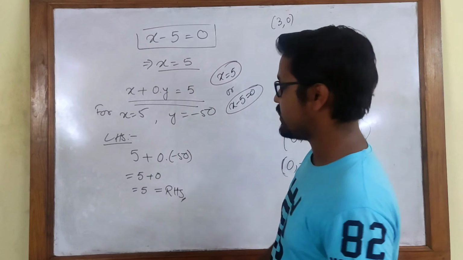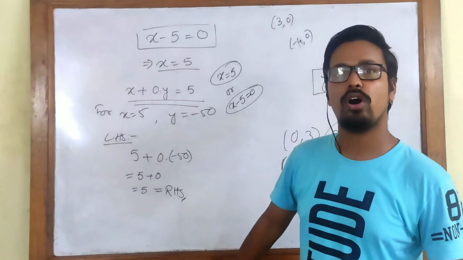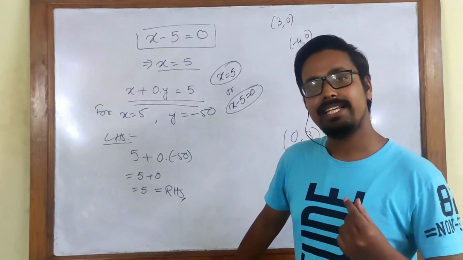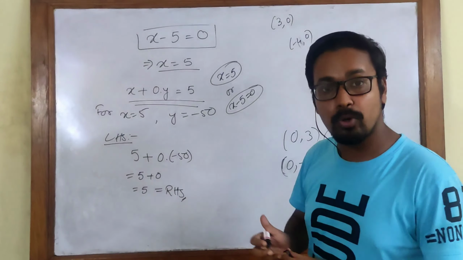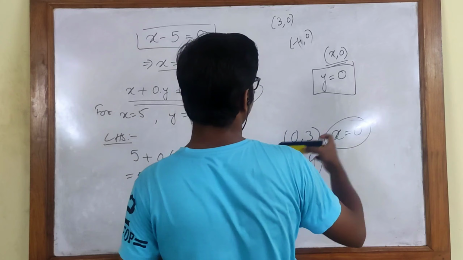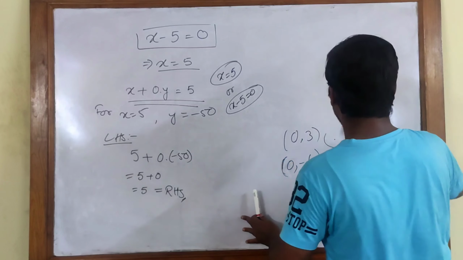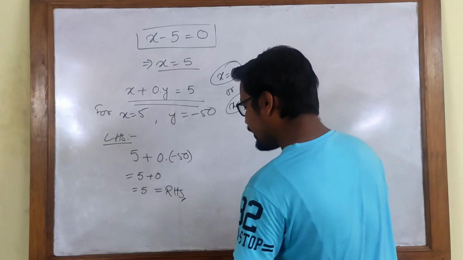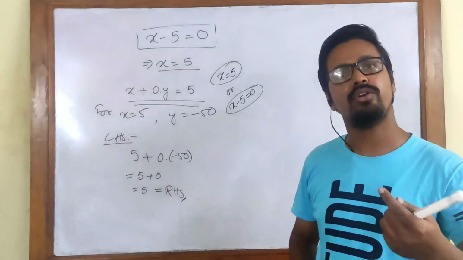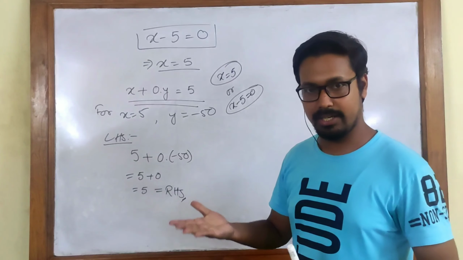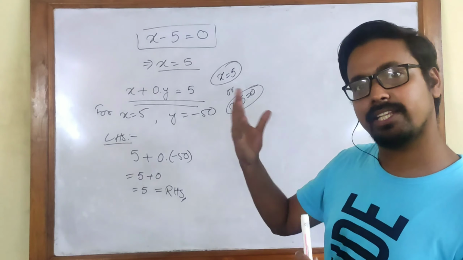These sort of equations, where we have only one value of x, what sort of lines will these be? Let us try to plot it on the graph. As we have done in the previous exercise, whenever we get an equation, we try to find two or three points of the x and y coordinates and then we plot.